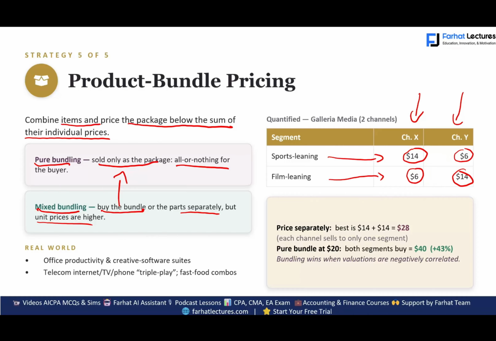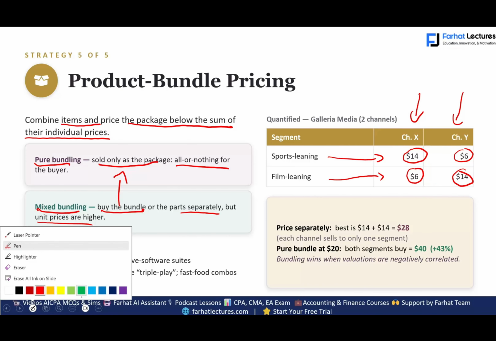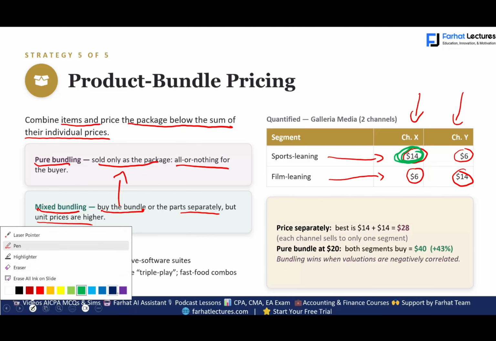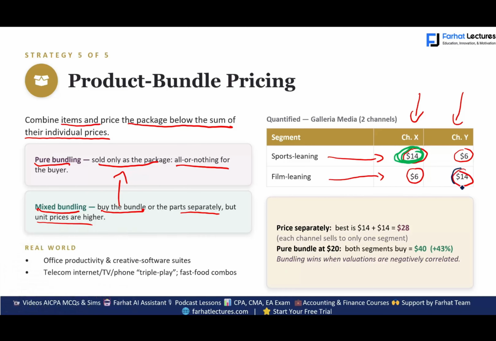Now, if you sell those channels separately, here's what's going to happen. The person who likes sports would only subscribe to channel X, the sports channel, and the person who likes movies would only buy the movie channel separately.